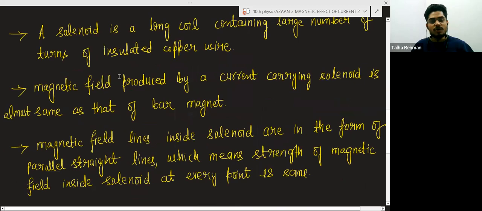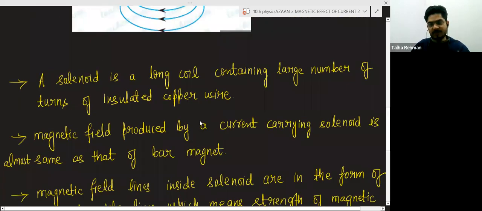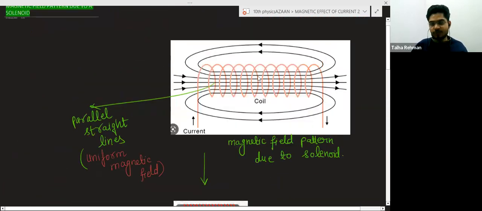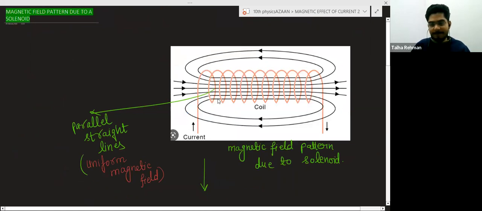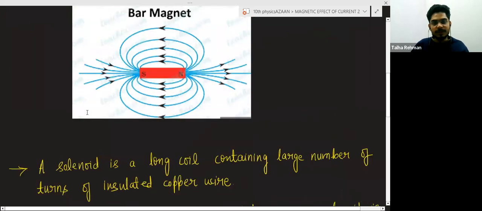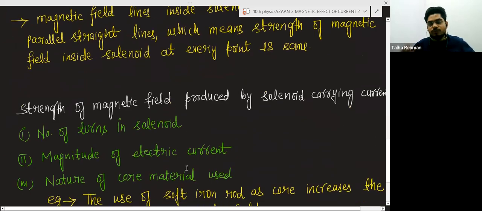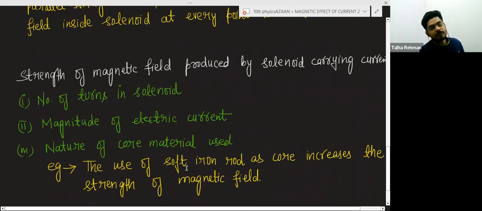So the strength of the magnetic field produced by a solenoid carrying current depends upon the number of turns in the solenoid, and upon the magnitude of the electric current. The more current flows in this solenoid, the more magnetic field is produced. It also depends upon the nature of the core material used.